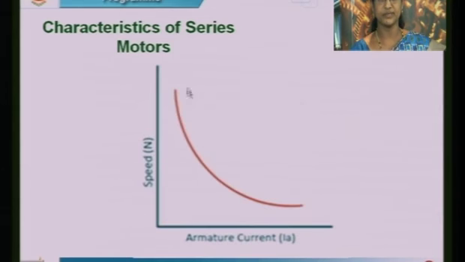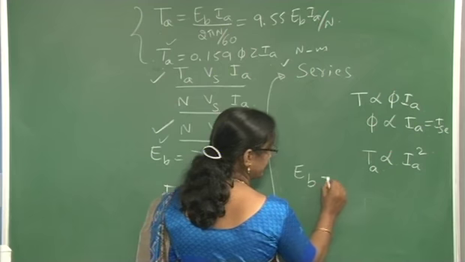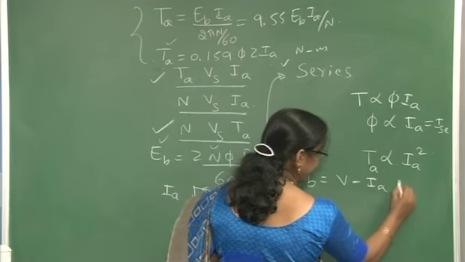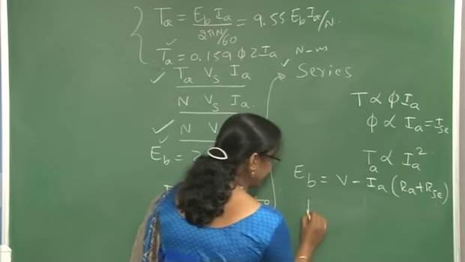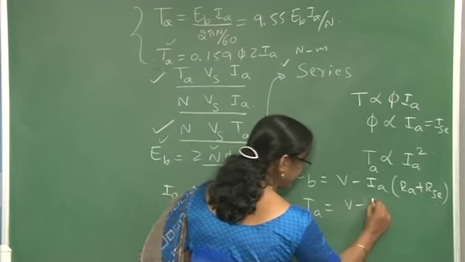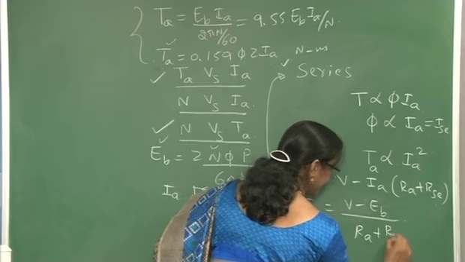Next, you see that this is the speed and current characteristic. We know that EB is equal to V minus IA into RA plus RSE. Here IA is equal to V minus EB divided by RA plus RSE.